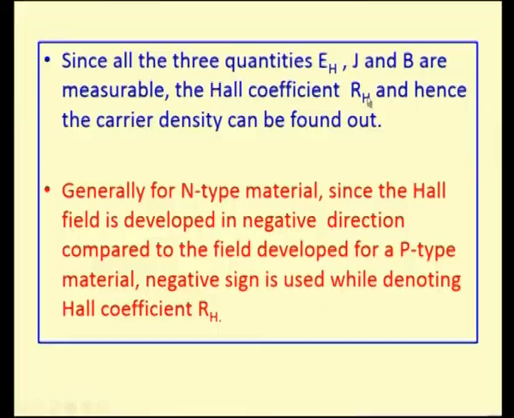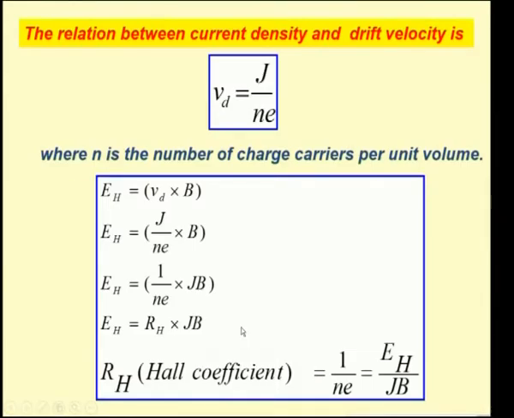The significance of RH is that it is positive for positive type charge carriers and negative for negative type charge carriers. This is a very important thing. Further, RH is equivalent to 1 by Ne, where e is the electronic charge and the charge nature comes in here.